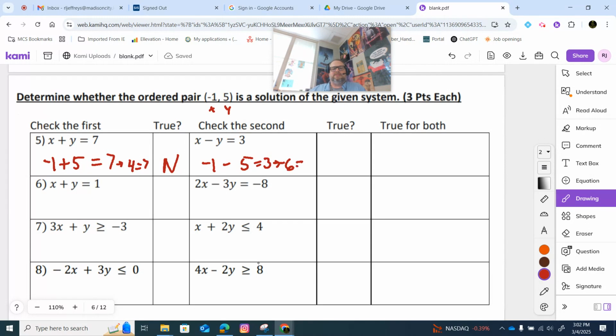This is -6. That's not equal to 3. So this is no.